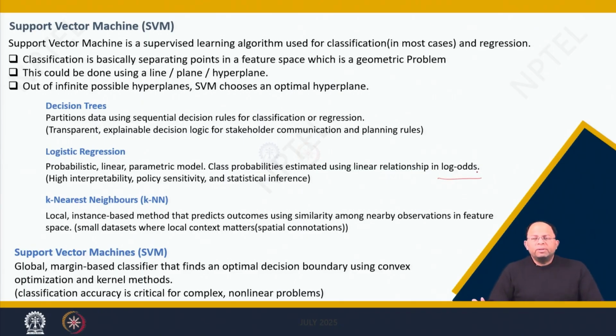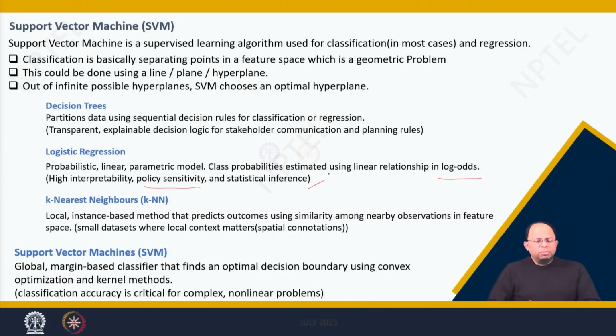The beauty of this is we can predict the probability of a choice, and it is very, very interpretable. That means we know the coefficient strengths and direction, and it is used for determining which is important and which is not. We could understand the sensitivity of different policies that we will undertake, and we can draw different statistical inferences from this model. So that's the beauty of a logistic regression model.